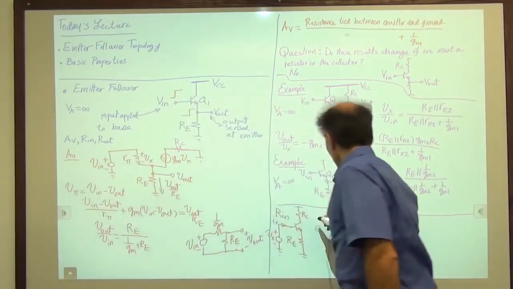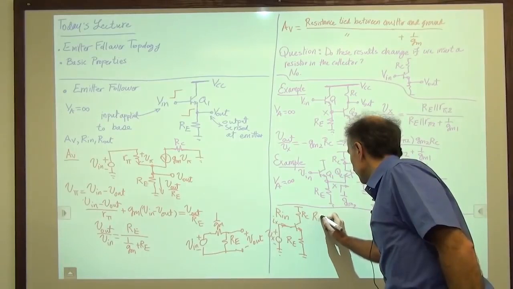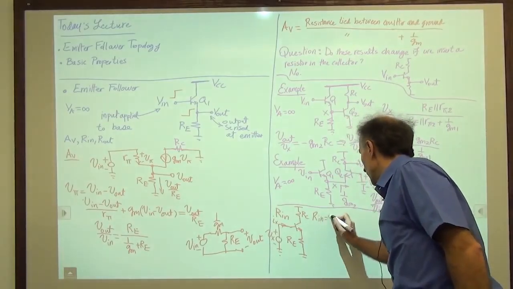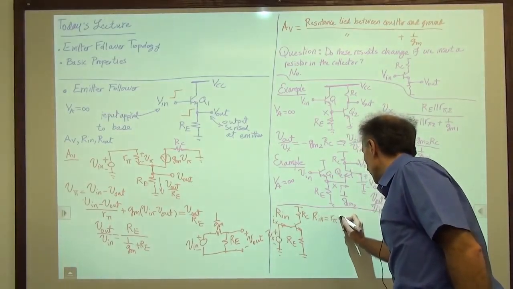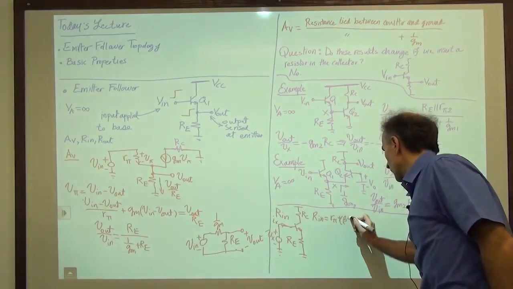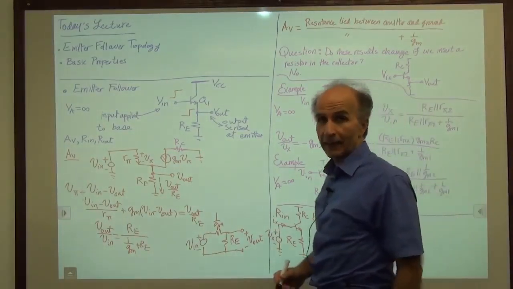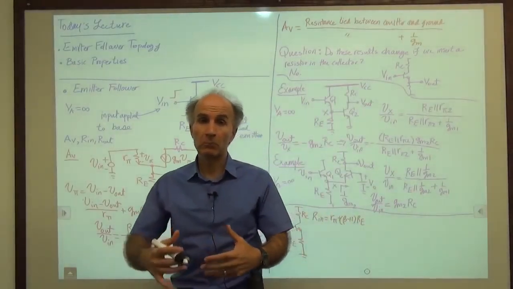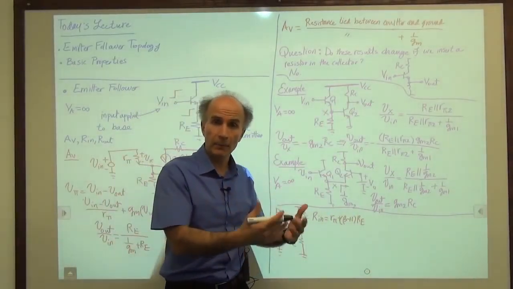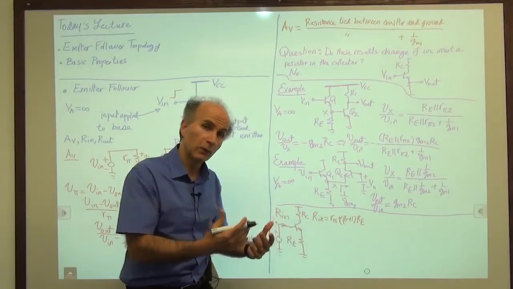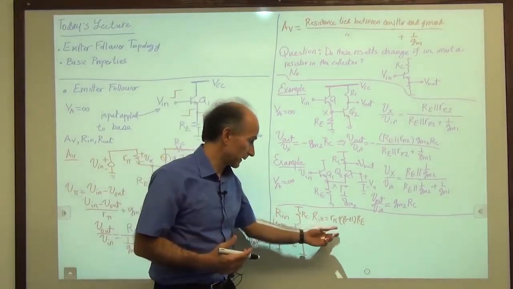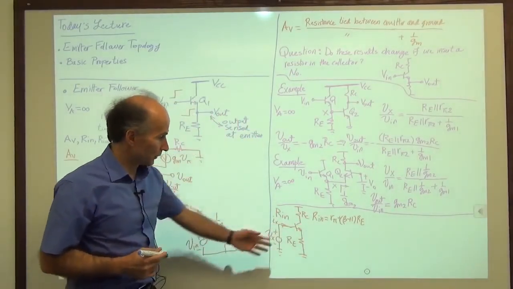So what we know is that R in is equal to R pi plus beta plus 1 times RE, because we said the transistor takes the emitter resistor and boosts it up by a factor of beta plus 1 before placing it in series with R pi. So that's what it is.